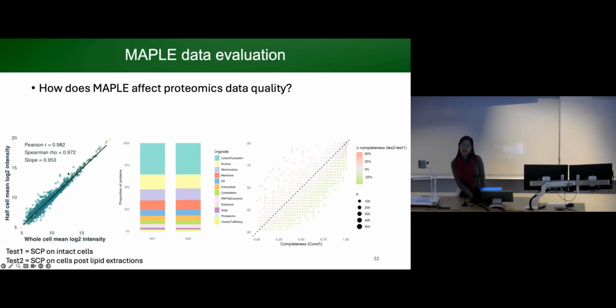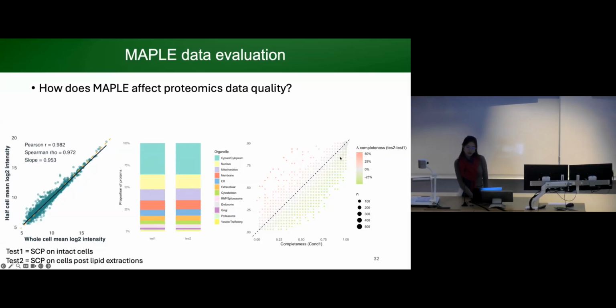We're seeing a really high Pearson correlation score here, which means that we're actually not losing much protein. And same with this one, comparing the subcellular localization of the proteins. Generally, we're seeing basically identical percentage.